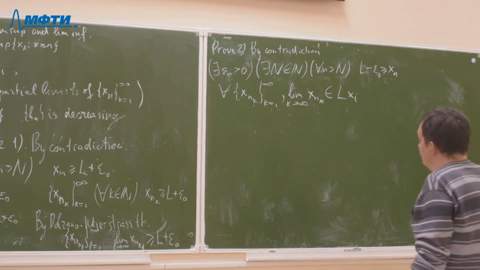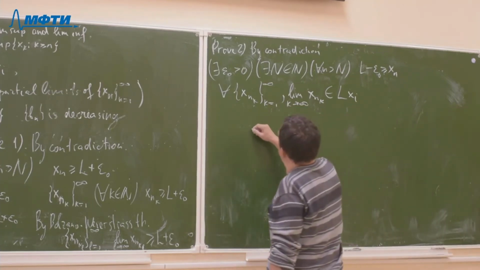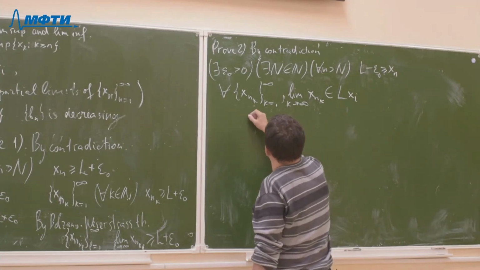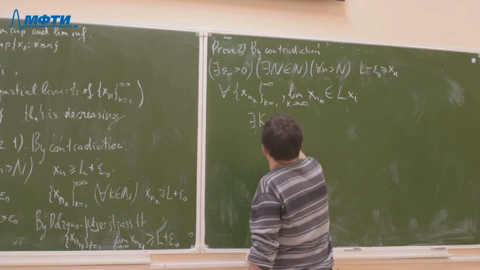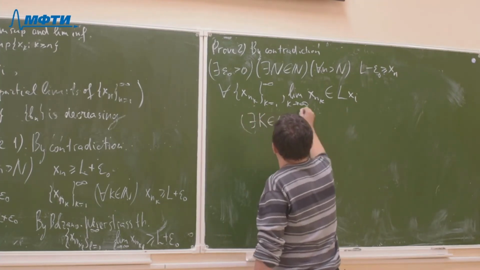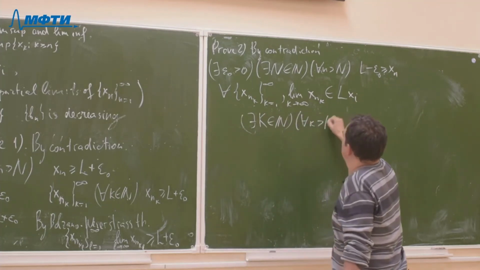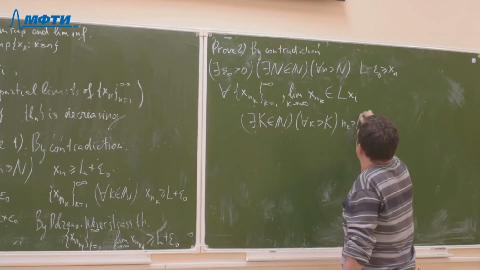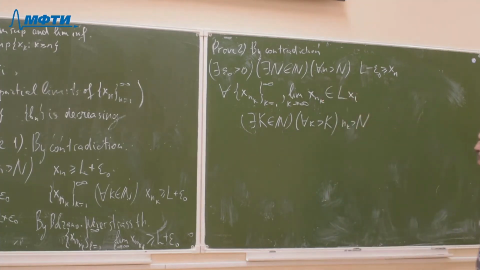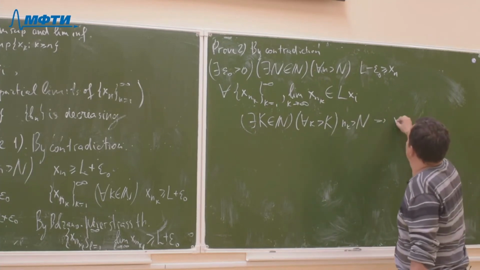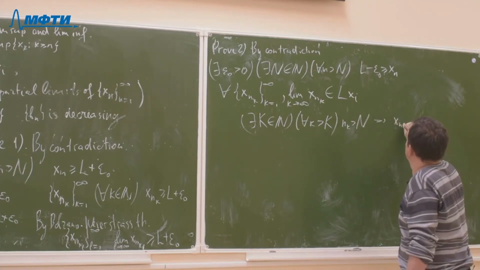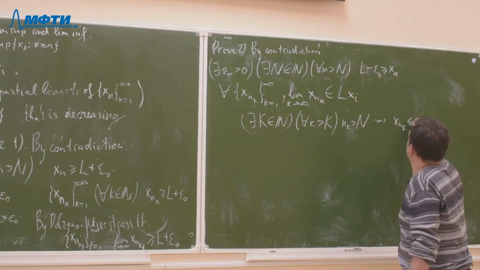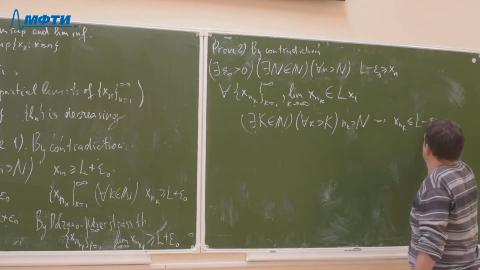Then for sufficiently large k, there exists capital K such that for all k greater than this capital K, and k greater than capital N, which was chosen, hence x_{n_k} is less or equal than L minus epsilon naught.